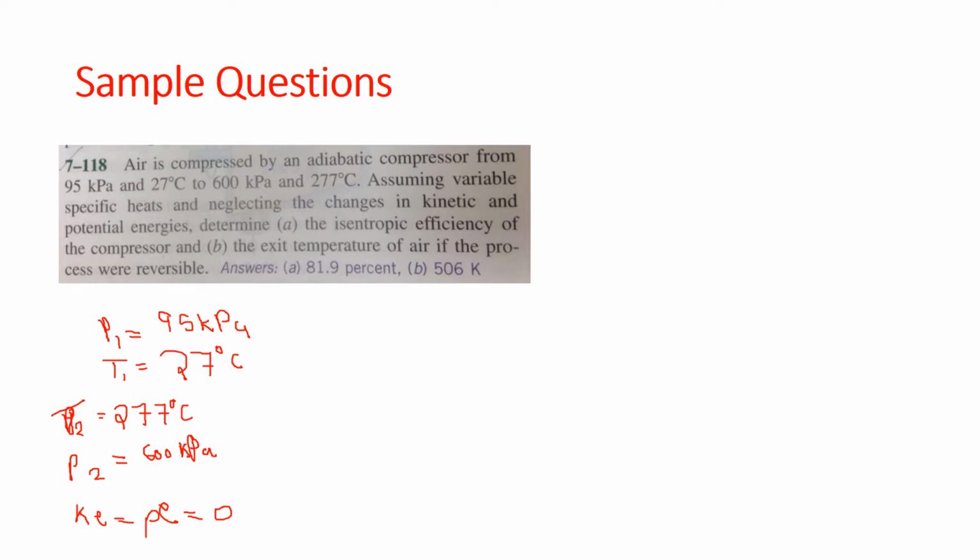So what are we asked? Determine the isentropic efficiency of the compressor. Then what else do you need to determine? The isentropic efficiency of the compressor as well as the exit temperature of air if the process were reversible.